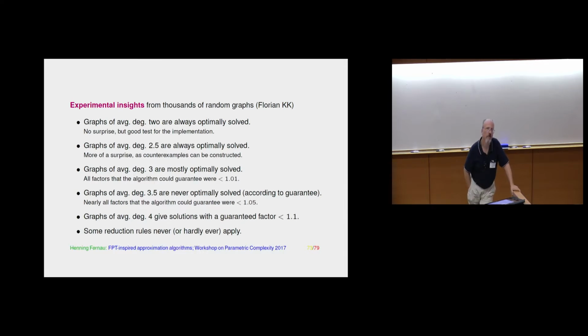I should say some more here. Namely, what does it mean if I say the factors the algorithm could guarantee were less than something like that?